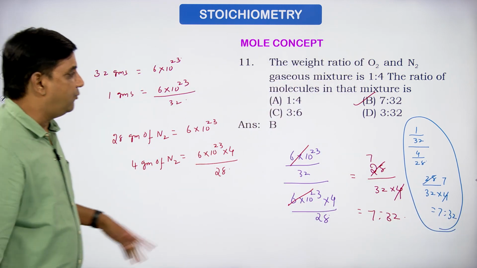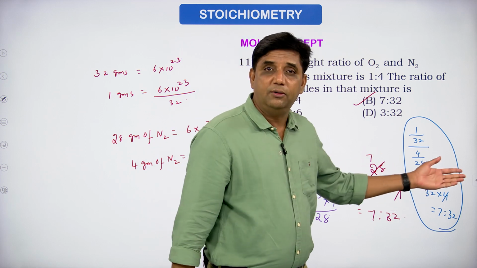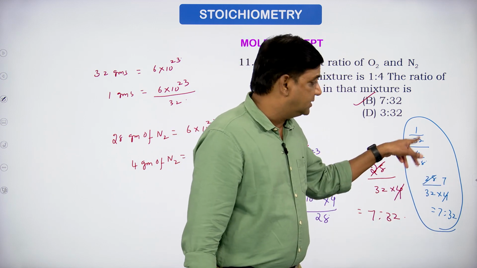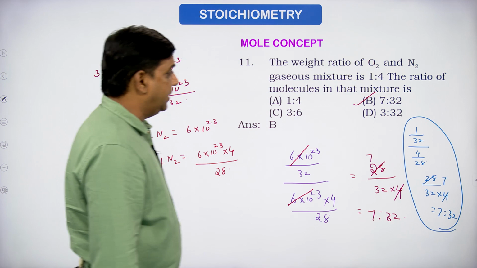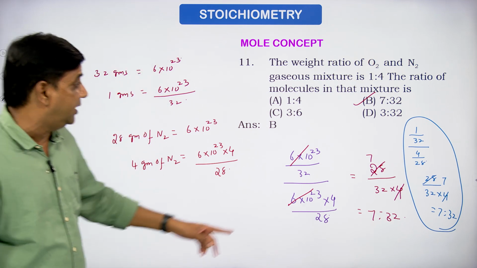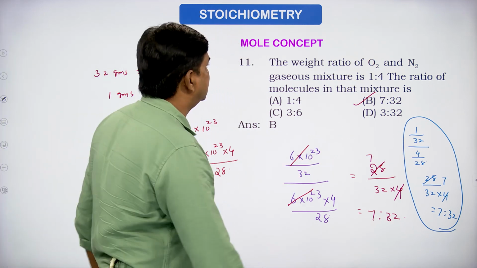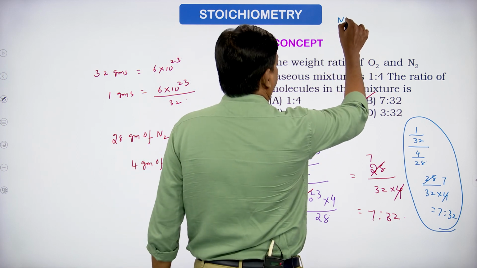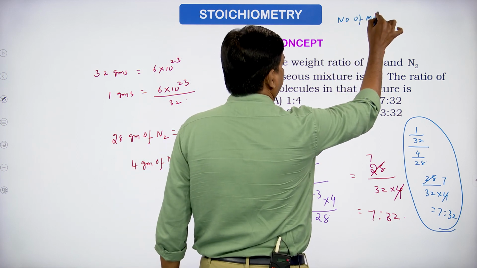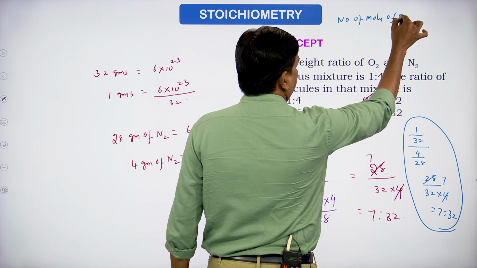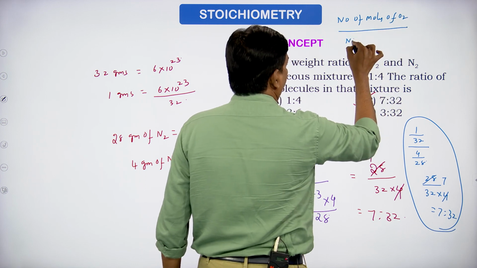The ratio of the number of moles is equal to the ratio of the number of molecules. Here it is the ratio of the number of moles. 1 by 32, given weight by gram molecular weight, is the number of moles. So you can say, I am writing here, number of moles of oxygen divided by number of moles of nitrogen.